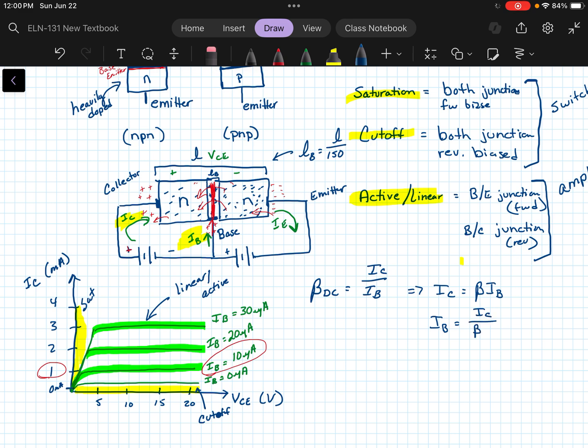Okay, so those are the relationships there. Again, this is in the active region only, the active area or active region, or linear region. All of those names apply. That's where this is true.